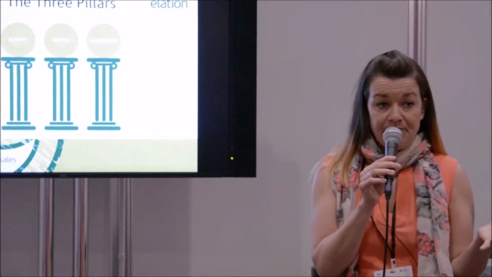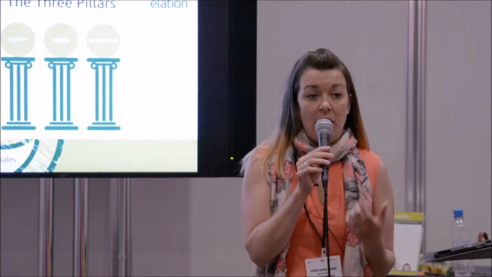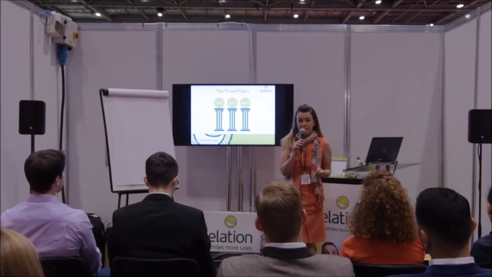You need to have a very strong sales activity pillar. This pillar is where we talk about the individual communications that your customer sees, and we look at the quality, and we look at the quantity, and we look to understand whether they are effective enough to drive decision in your business.